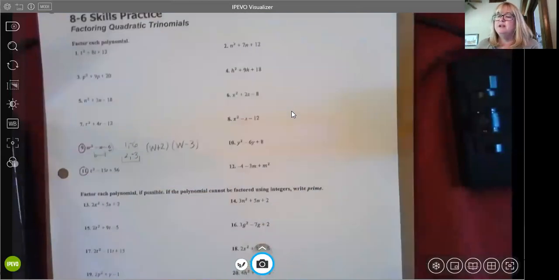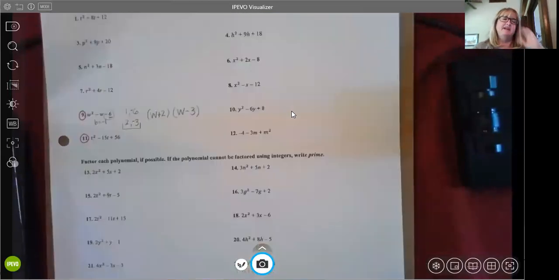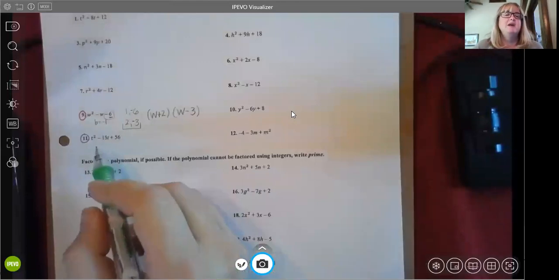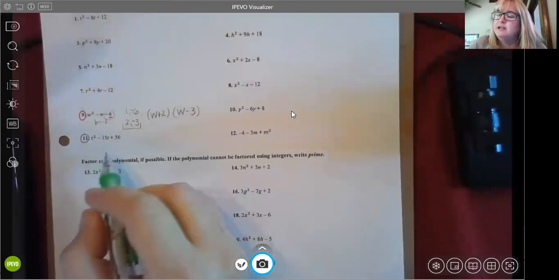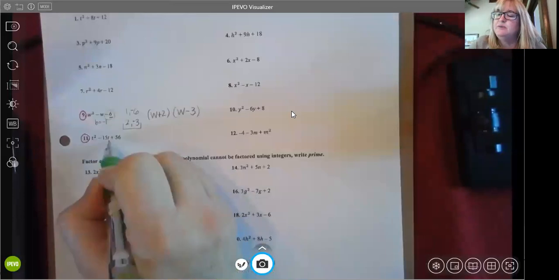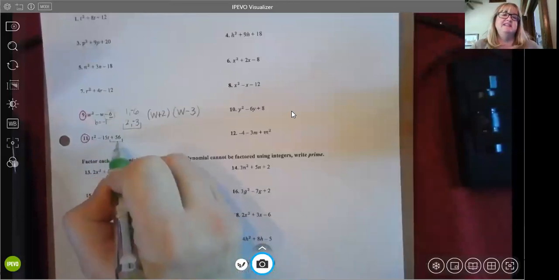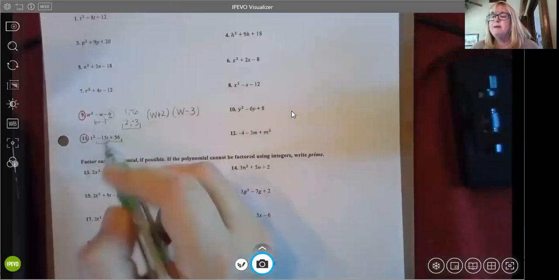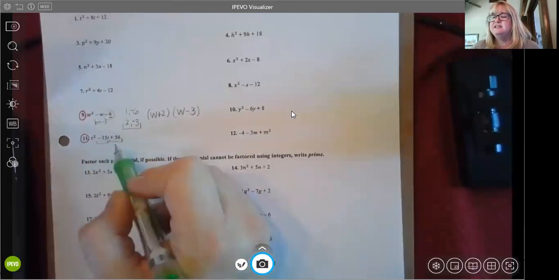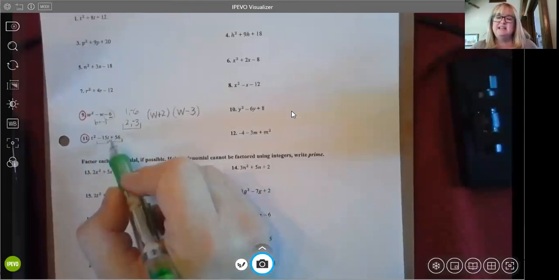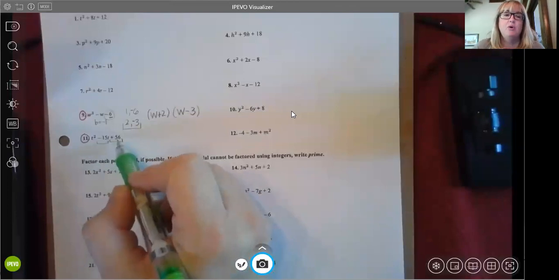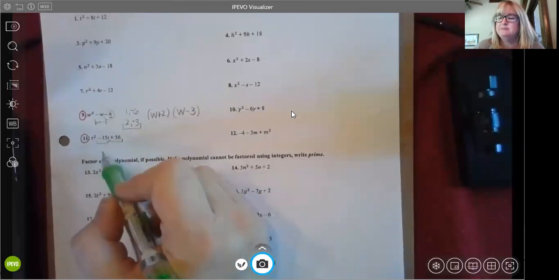All right. I really wanted to look at 11 because we did not have one of these in the practice that we did. And the reason is that we have a positive 56 as C, but we have a negative number as B. Now remember, I said that to get a positive C, you either need to have 2 positive factors or 2 negative factors.